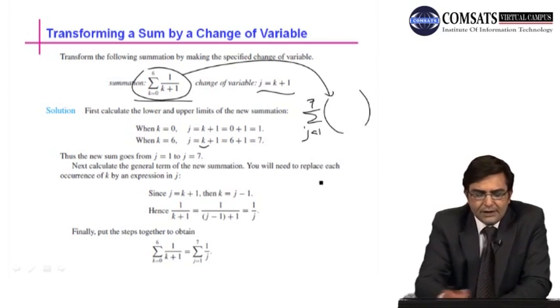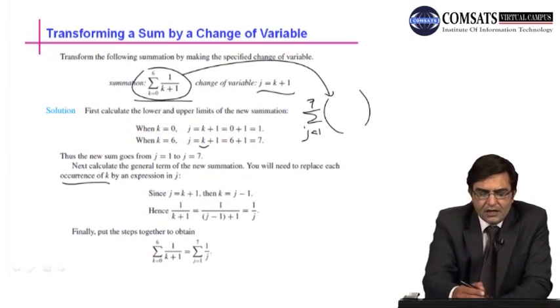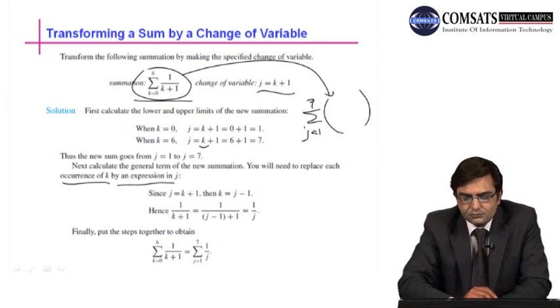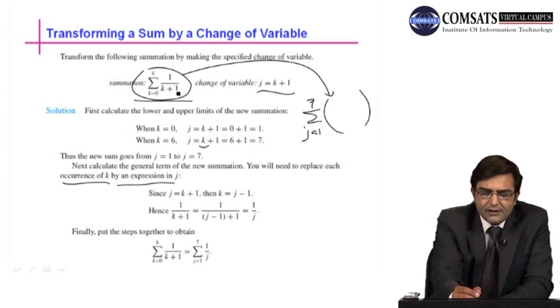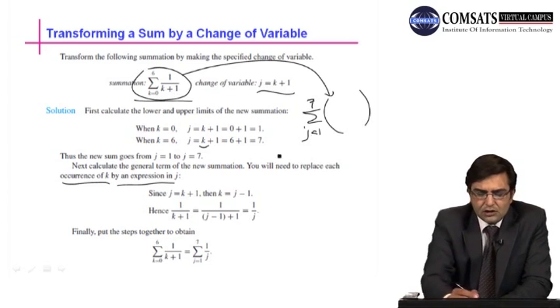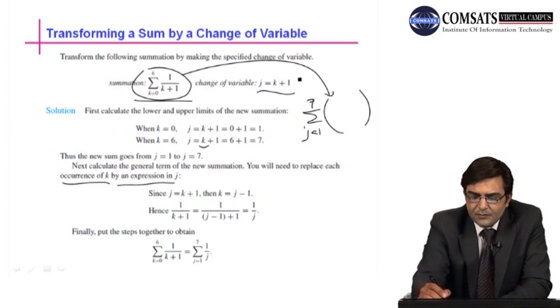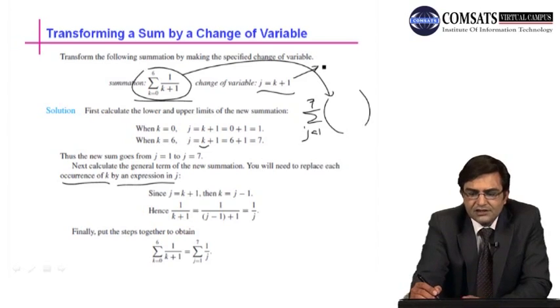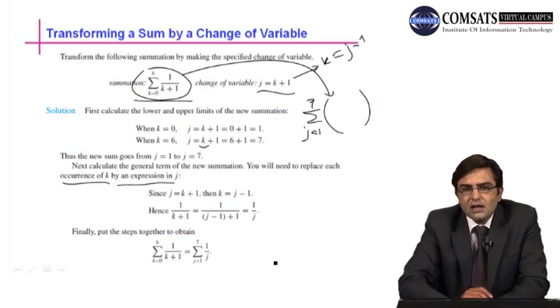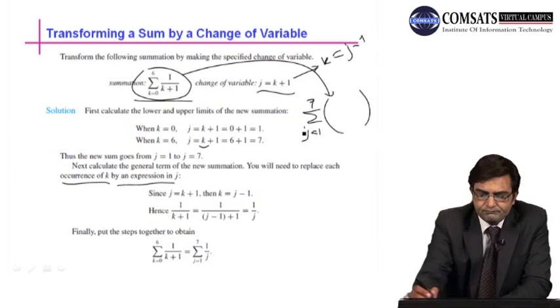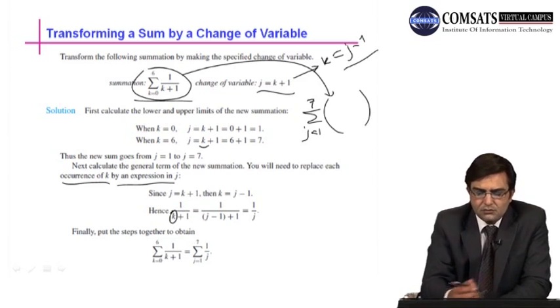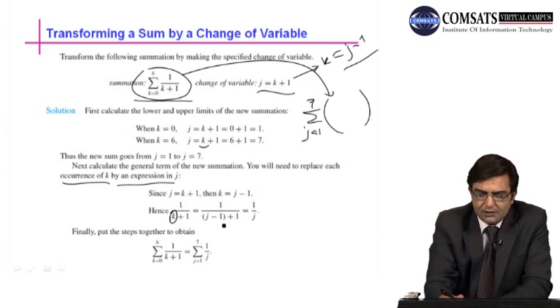You need to replace each occurrence of k by an expression in j. So here we have k plus 1, and instead of k plus 1 we have to use j. Or you can find the value of k from this expression, where we can write k equal to j minus 1. Now put here in the denominator, instead of k, j minus 1. We get k plus 1 equal to j minus 1 plus 1.